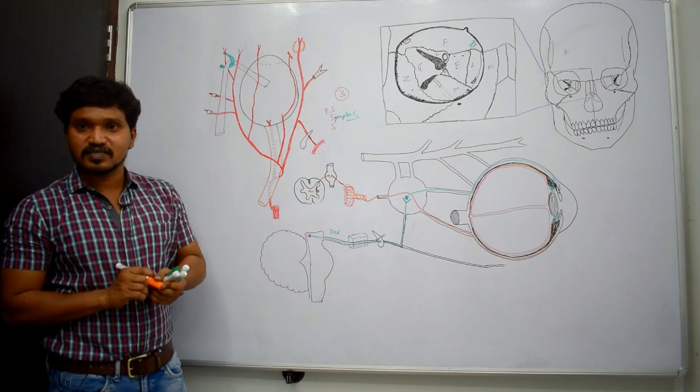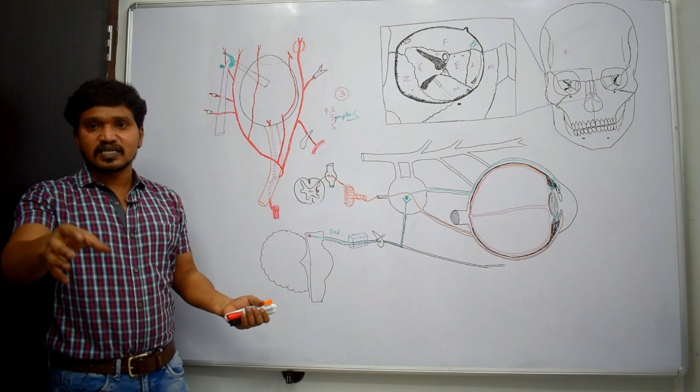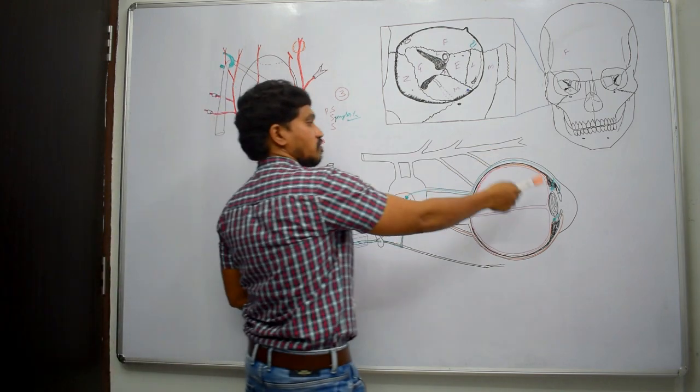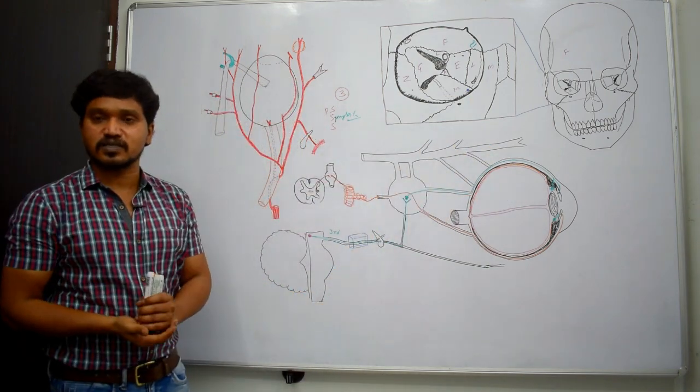Then what is remaining? Sensory root. Sensory root means sensations coming from the eyeball. Pain, touch, temperature sensations. Right?